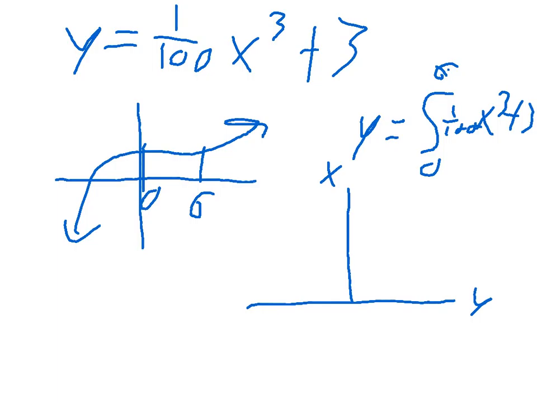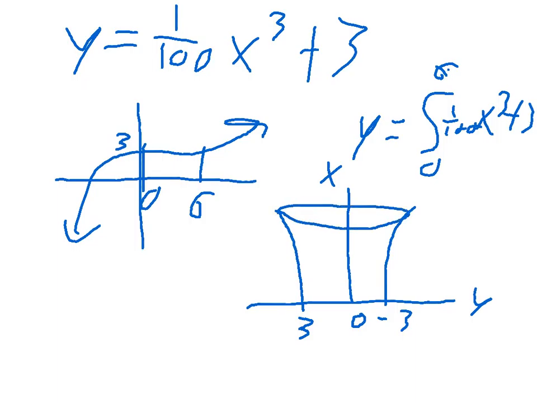So if this is 0 and this was 3, because that is where it crosses the y-axis, well, is that 3? So it's probably -3. If we were to flip it around, it would make a circle, and it would be a cylinder type shape that gets thicker as it gets near the top.